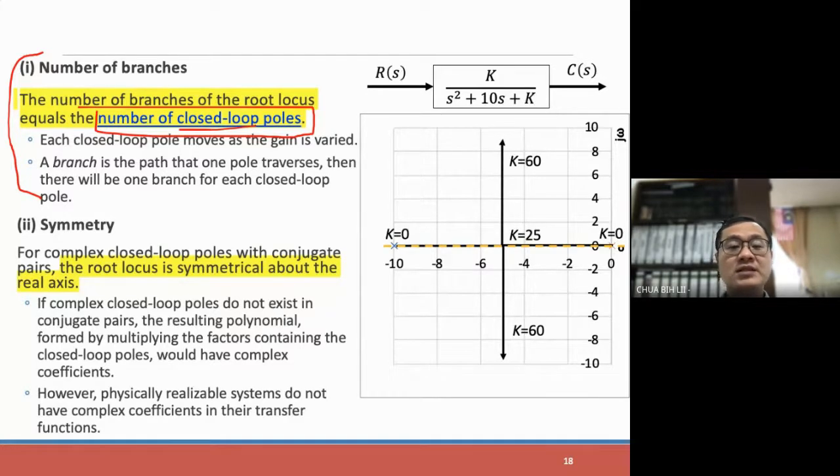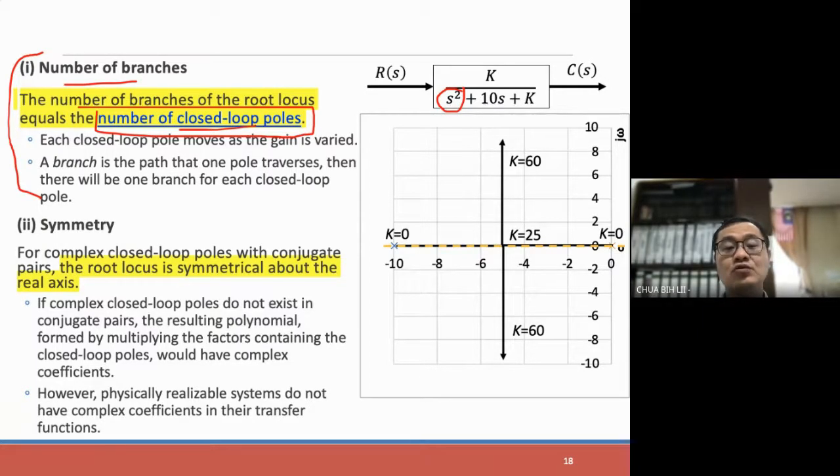Based on this, you check how many poles you have. As our mathematical knowledge says, the number of roots, the number of solutions for this polynomial, since the highest order is 2, you have only 2 solutions. Therefore we know there are 2 branches.